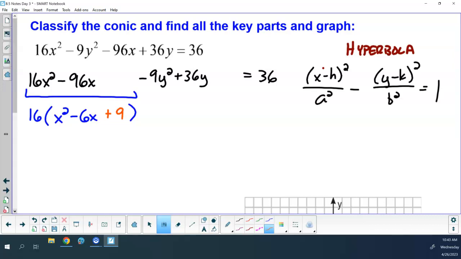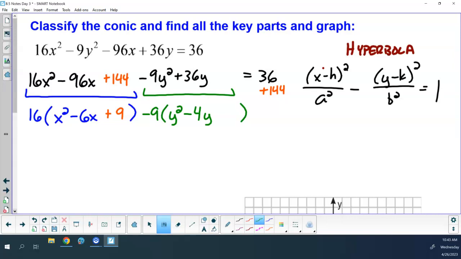But really, 9 times 16 is 144. Okay. Here, I'm going to factor out a negative 9, and that's going to give me y squared minus 4y.